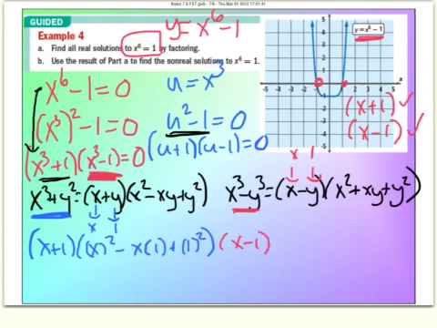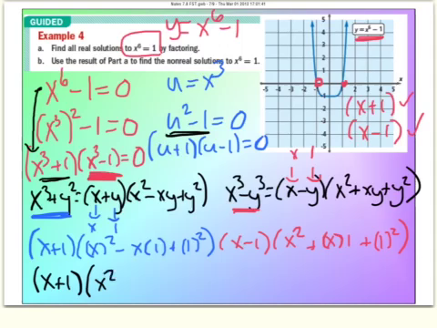Then I'm going to have an x squared plus, I have the x times the 1 plus a 1 squared. And if you simplify this down, let's clean this up: x squared minus x plus 1, and x minus 1, and x squared plus x plus 1.